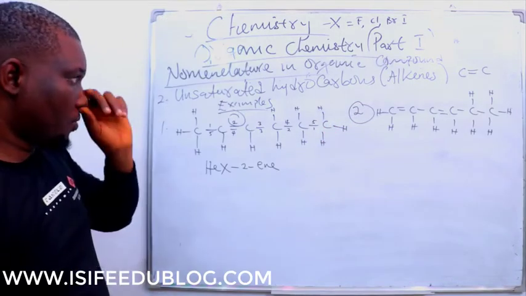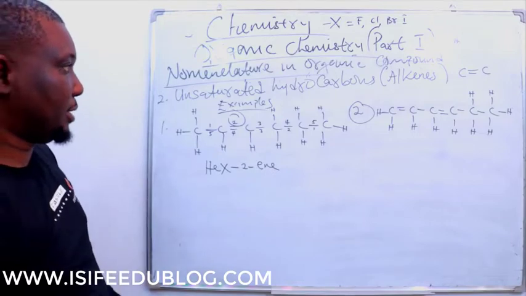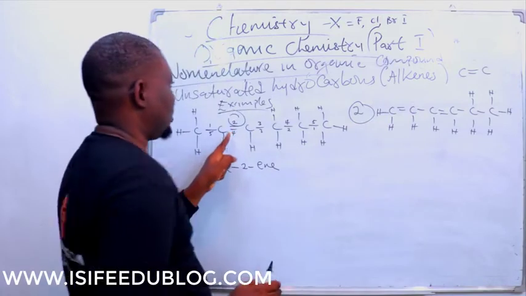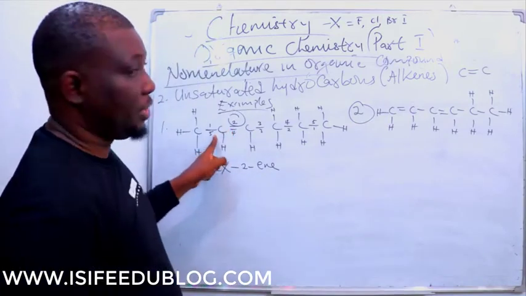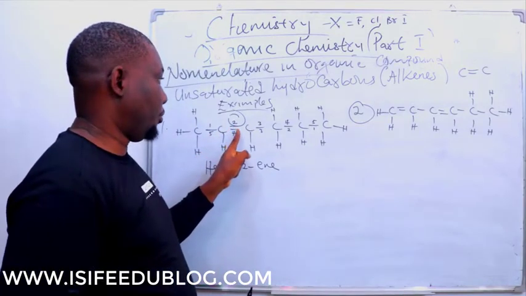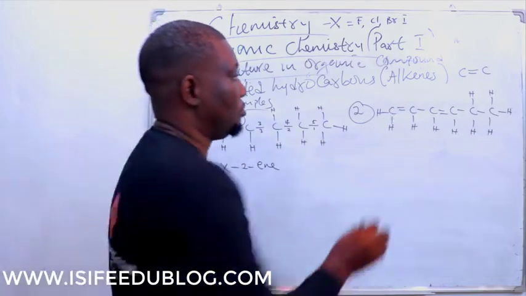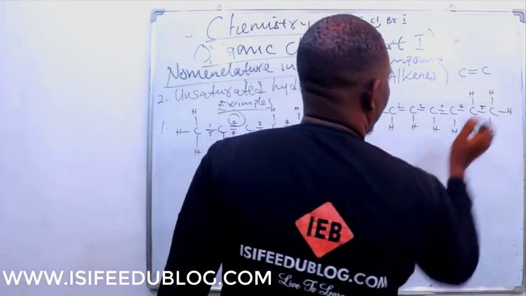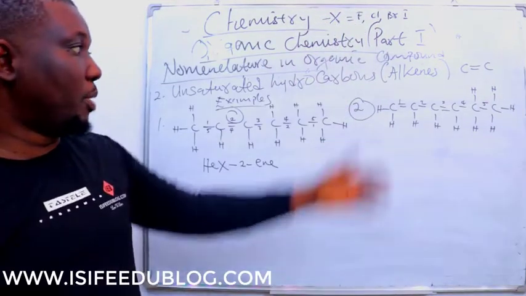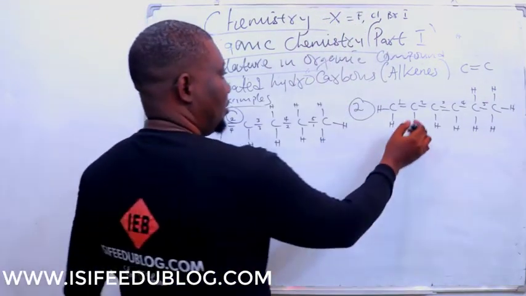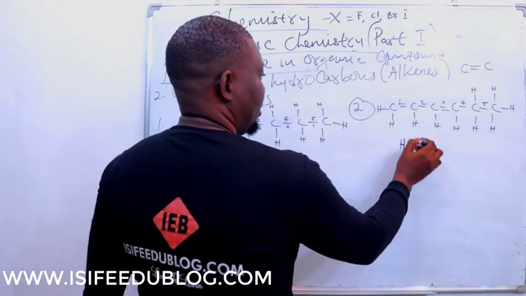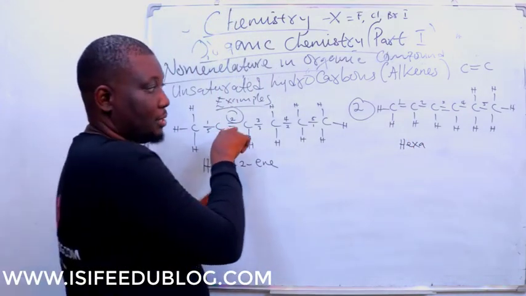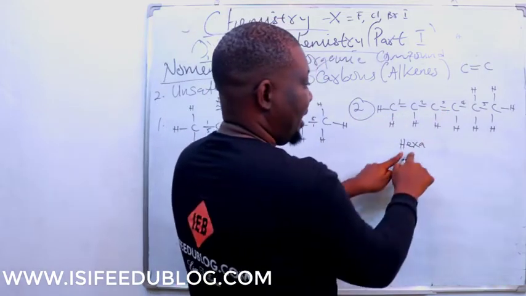We must not forget, since the bond is now multiple, 2, the earlier one was just a monoene, just one position of double bond. This is 1, 2, 3, 4, 5. So there are 2 multiple bonds here. This is still hex, but since it's 2, it will be hexa. The earlier one was hex because it had just one. Now with 2, it is called hexa.